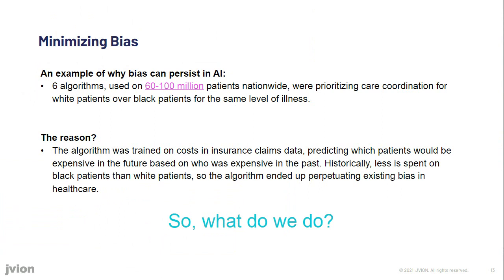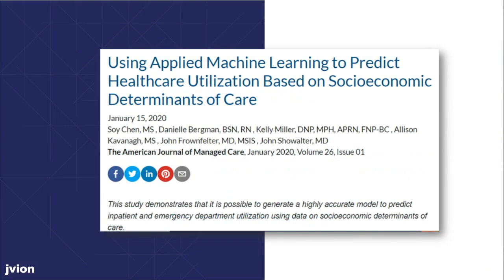In 2019, we really began to hit critical mass and were able to pull back from the clinical data and look at just the social determinants of health data in order to understand what was going to happen at an individual level. By that we mean we had about 10% of the U.S. population inside the Jvion core.